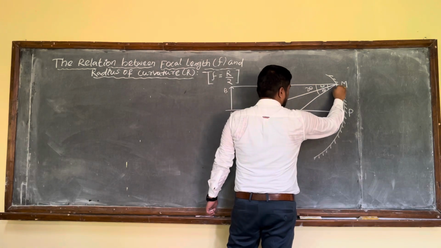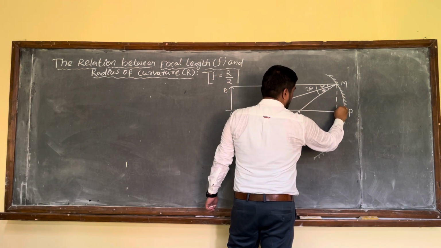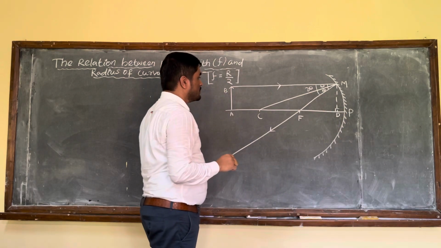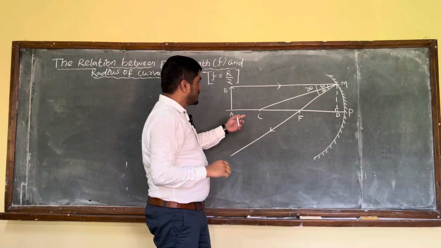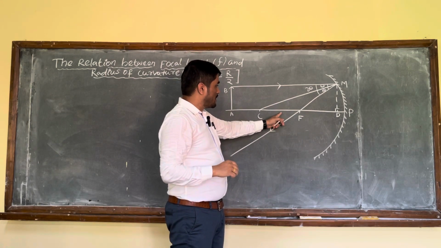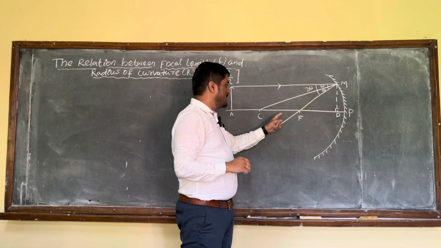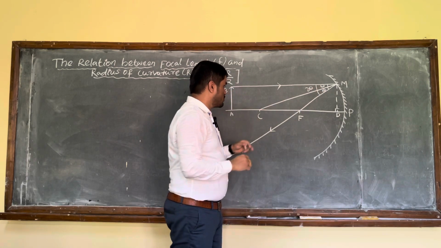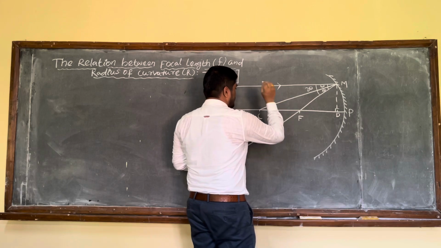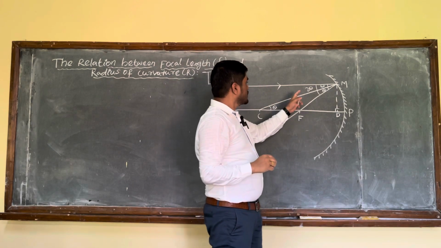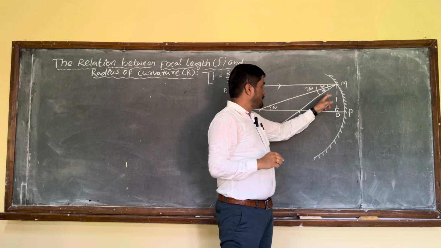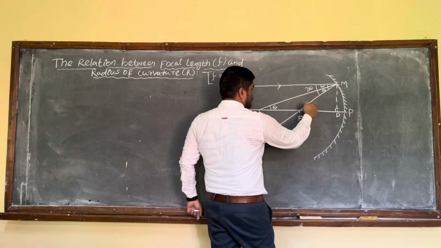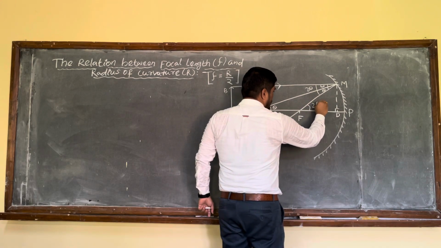Draw a perpendicular to the principal axis, and let this point be D. In the diagram these two rays are parallel, and the ray CM intersects the two parallel rays, so this angle theta will be equal to this angle theta. Again these two rays are parallel and FM intersects them, and as this angle is 2 theta, this angle will also be 2 theta.